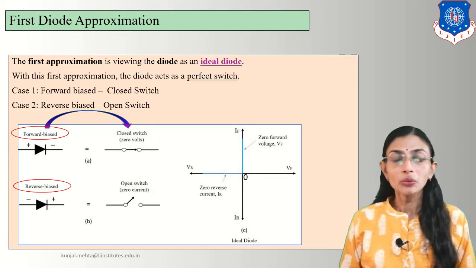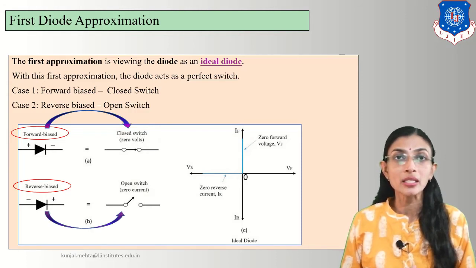At zero resistance, you will get the maximum current. And for case 2, the reverse bias connection, look at this, this is the second condition, and that is nothing but the open switch equivalent circuit. When the diode is connected in reverse bias, the diode will act as an open switch.